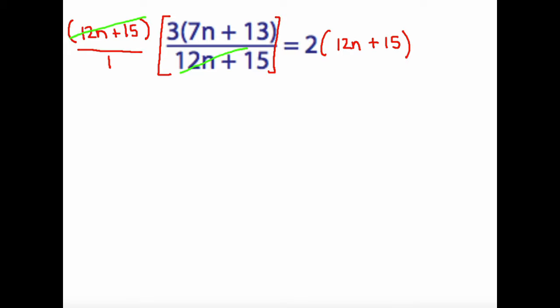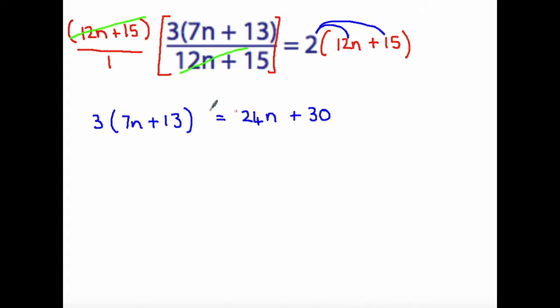Okay, so what am I left with? Just the numerator, 7n plus 13. And on this side, this will have to multiply both terms. So that'll be 12 times 2 is 24n, and 2 times 15 is 30.